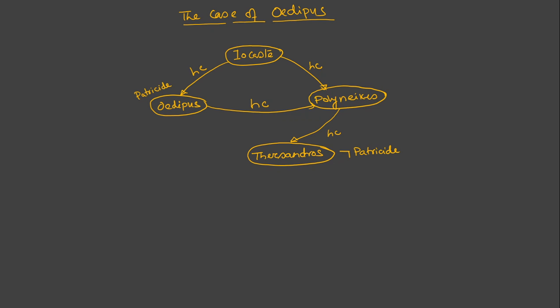We do not know whether Iocasta or Polynikes belong to either of these two classes, patricide or not patricide. So we can easily convert this into the relational database form. So this is our ABox, right? And what would be our relational database form?